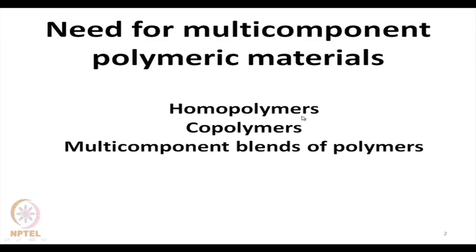Now, when the properties of that homopolymer are not sufficient to obtain the desirable performance of the product, then people thought about mixing a second monomer or a third monomer with the first monomer to form a new product which is known as copolymer.